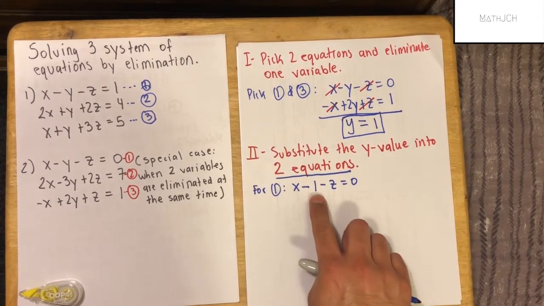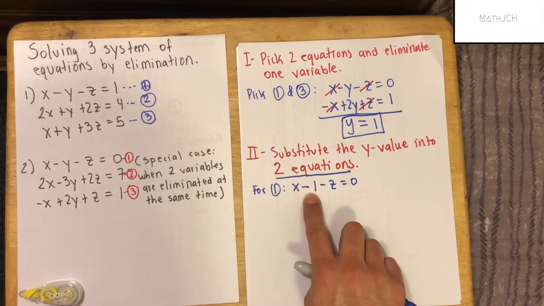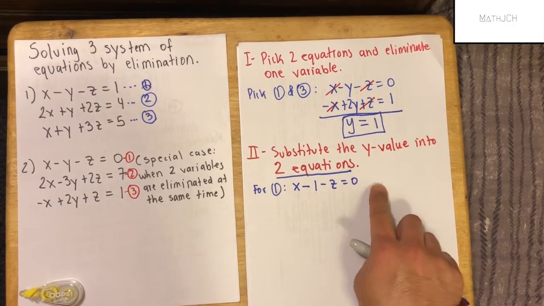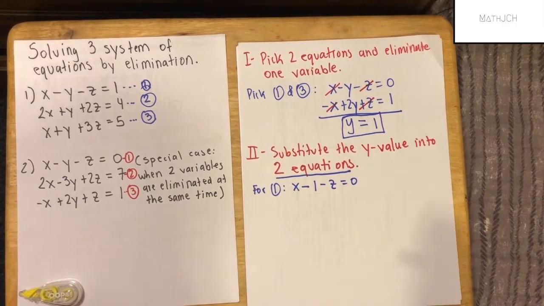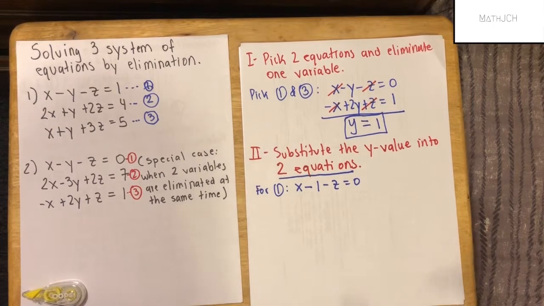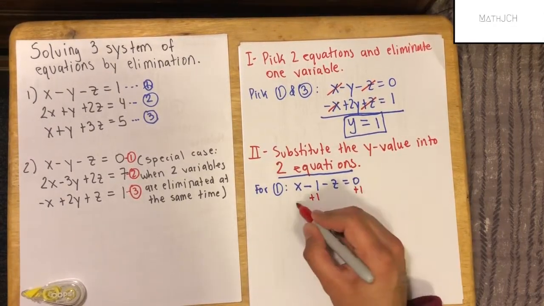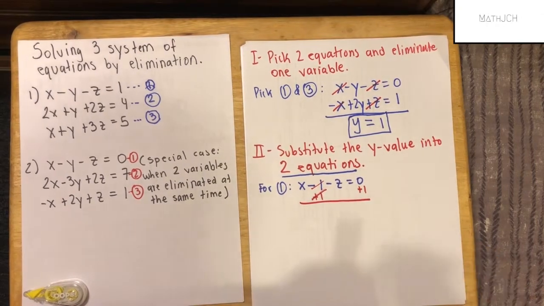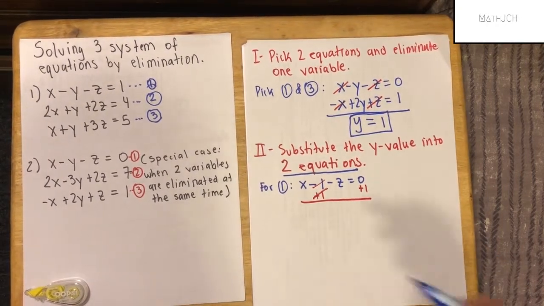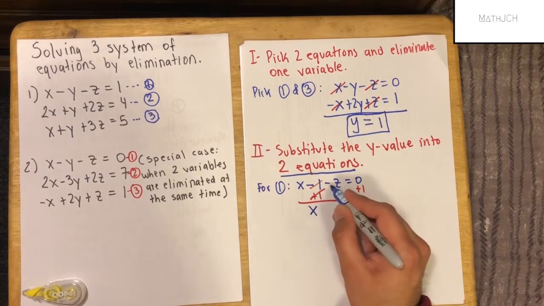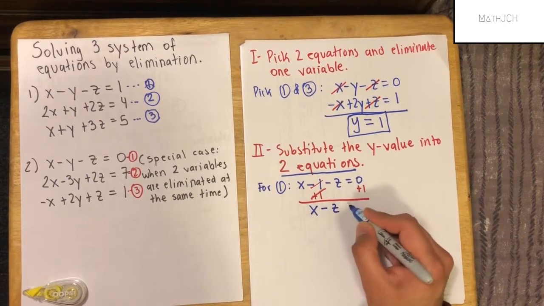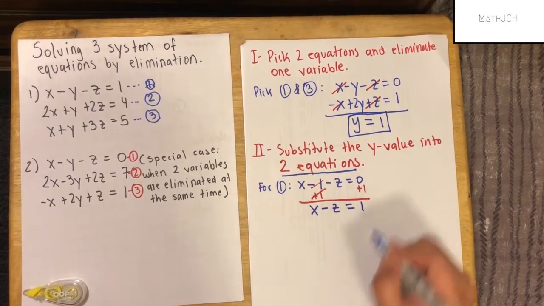Notice I have a number on the left side. So let me move this negative 1 onto the other side in order to leave only x and z on this side. So 1 is subtracting, so the opposite will be adding. So this cancels, and I'm going to be left with x minus z equals 0 plus 1, which is 1.